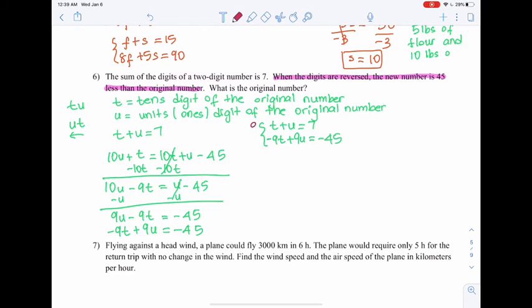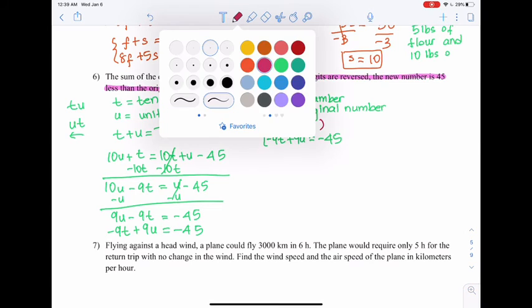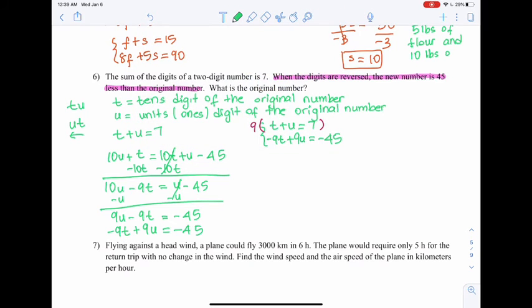Let's multiply everything by 9. When we do this, our first equation will look like 9T plus 9U is equal to 63. Then we rewrite the second equation, negative 9T plus 9U is equal to negative 45. And from here, we eliminated T.